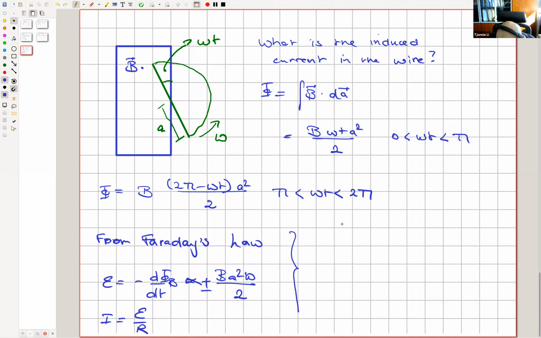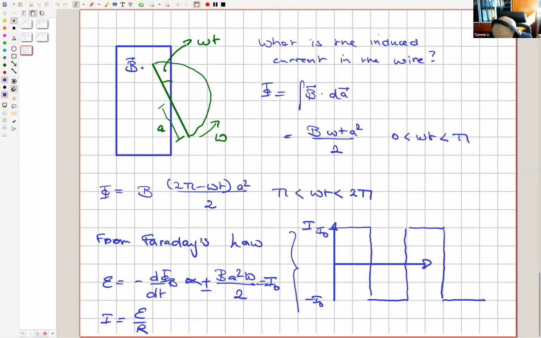And so indeed, if I plot this out, I get something that looks like this. This is I, and I get something that looks like a square wave. This changes between I0 and negative I0, like this, and this, and this.